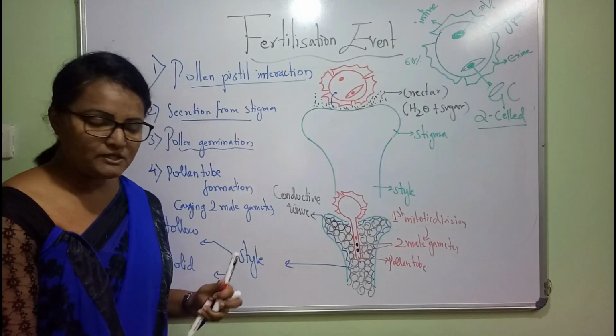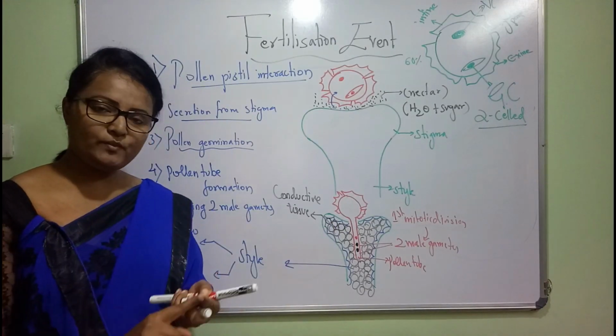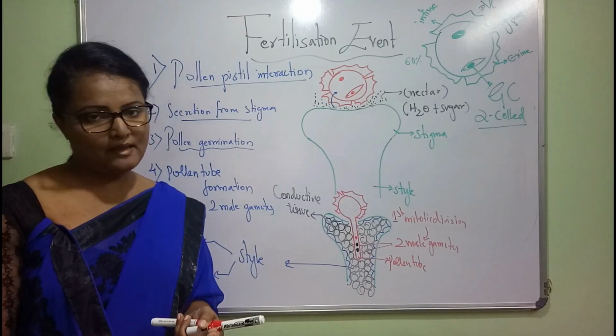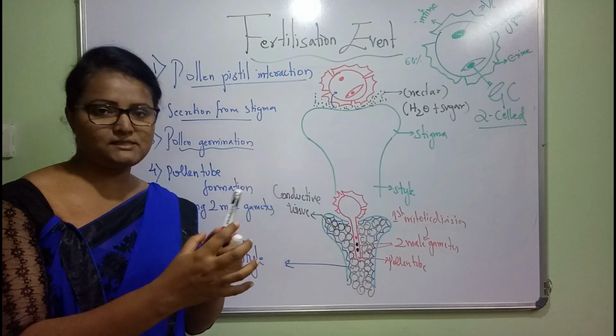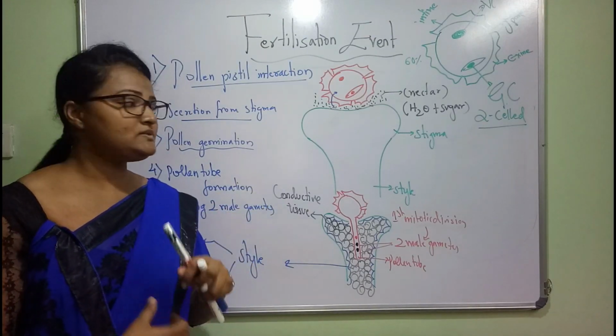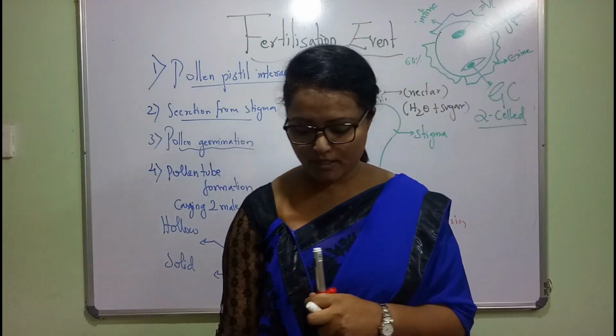So what happens, the pollen tube, which contains a tube nucleus and two male gametes, needs to travel within this tight conductive tissue. Sometimes there will be a chance of rupture of the pollen tube end.